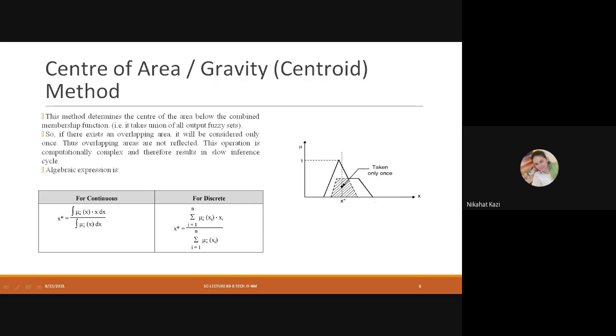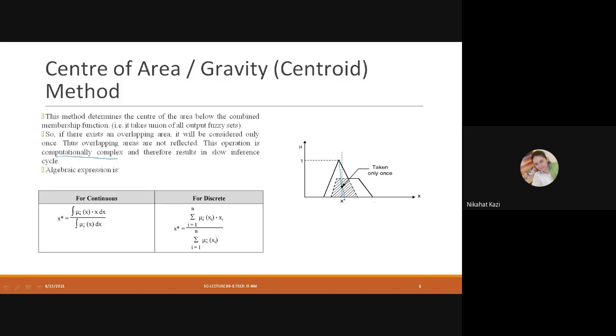And then, this is computationally complex because it uses integration. So it takes more time. It's a slow method. It takes more time because it makes use of integration. Whenever you are performing this integration operation, it will take more time, because ultimately you have to find the area under the curve, right? You know how to apply integration. So how will you divide this?